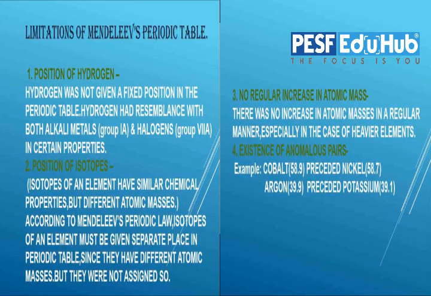And the third one was the existence of many anomalous pairs. Though he arranged the elements in the increasing order of atomic mass, there were the elements cobalt and nickel, where cobalt preceded the element nickel.